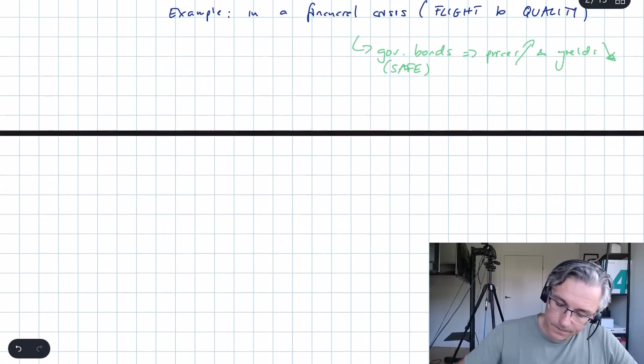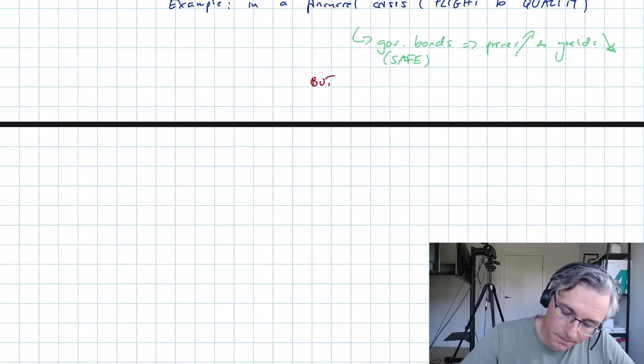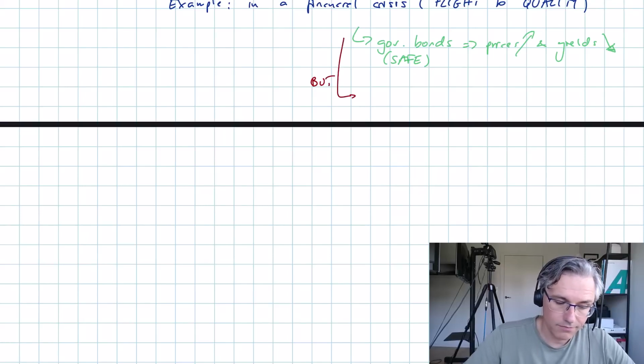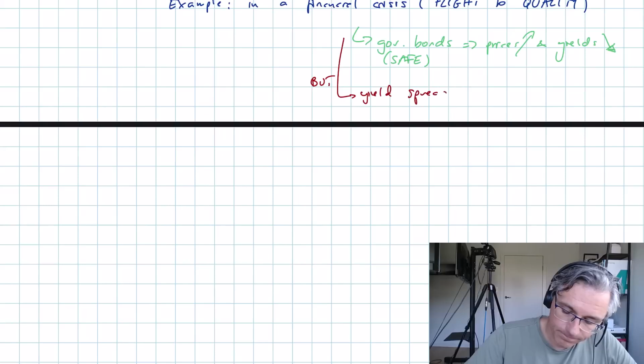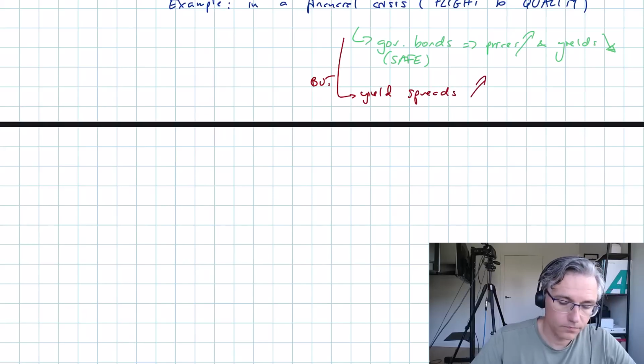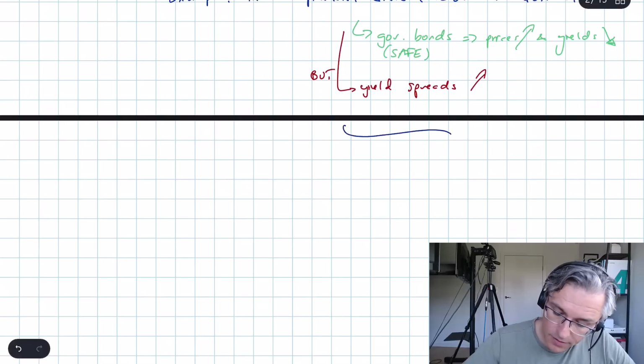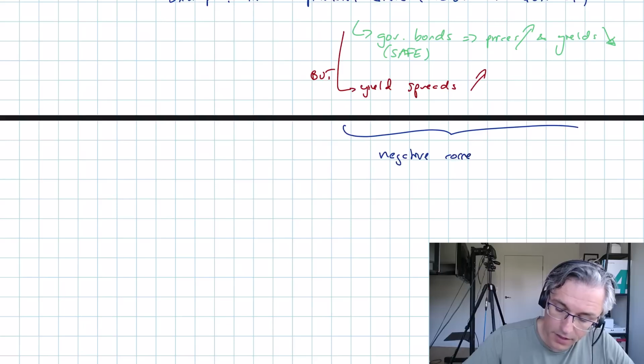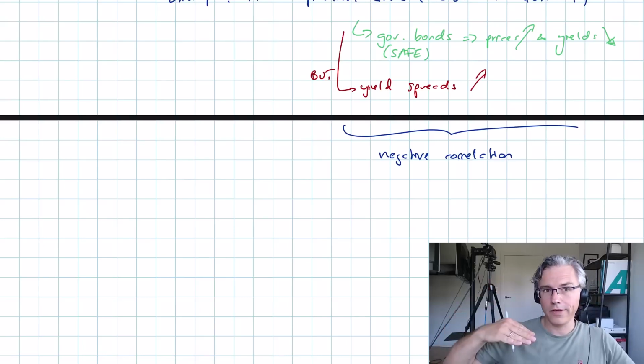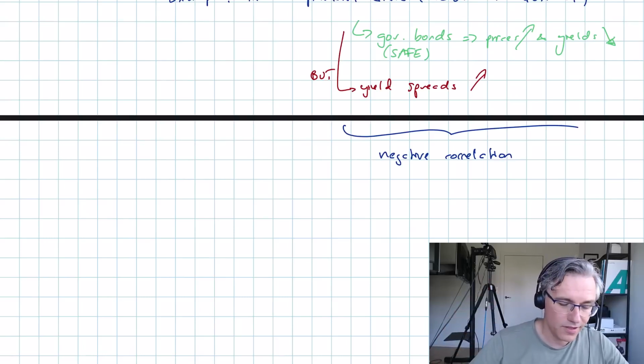However, at the same time, yield spreads go up on the riskier corporate bonds. When you consider these two effects, there is absolutely negative correlation between what happens to the benchmark yields and what happens to yield spreads.